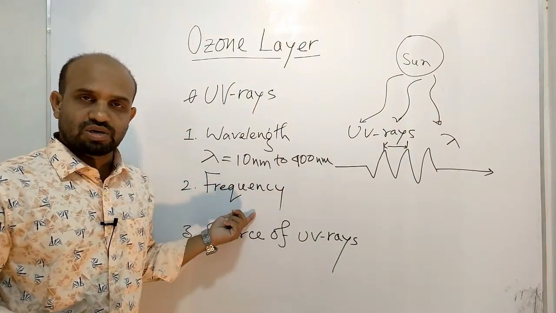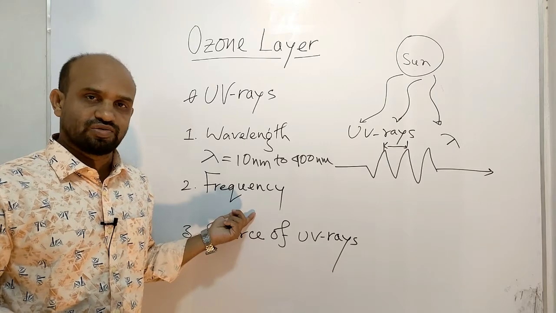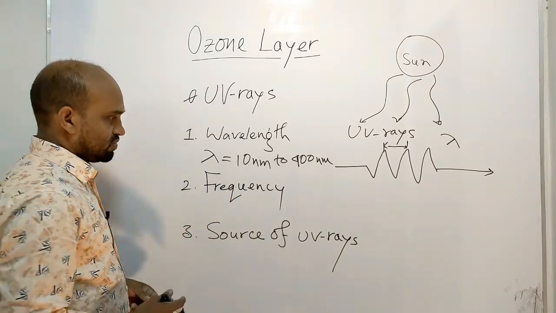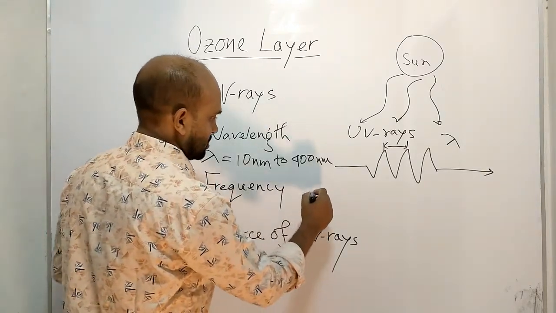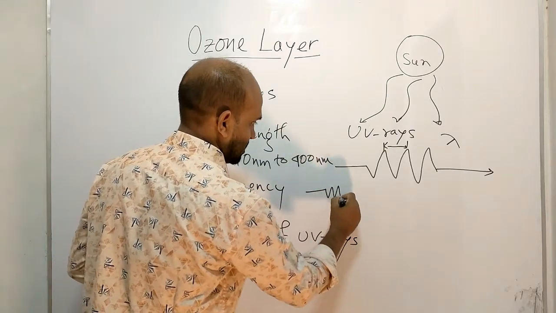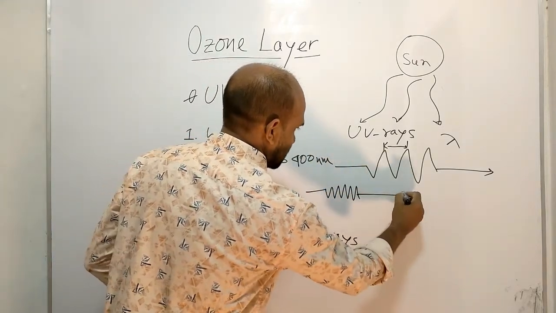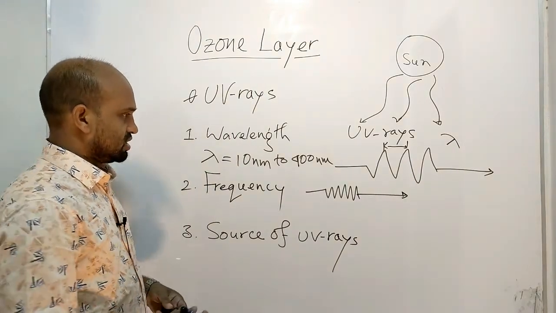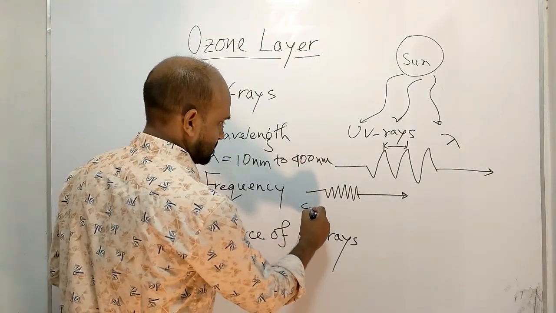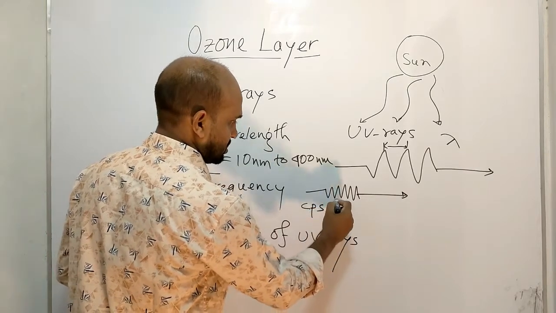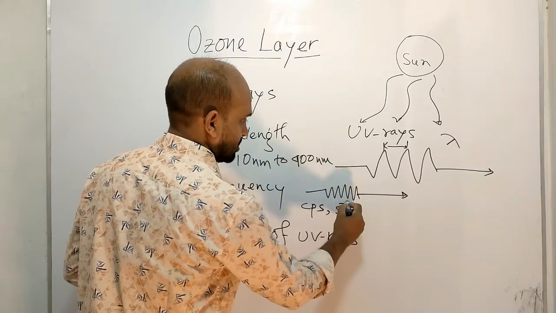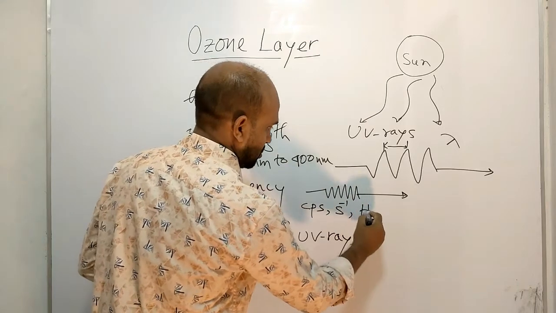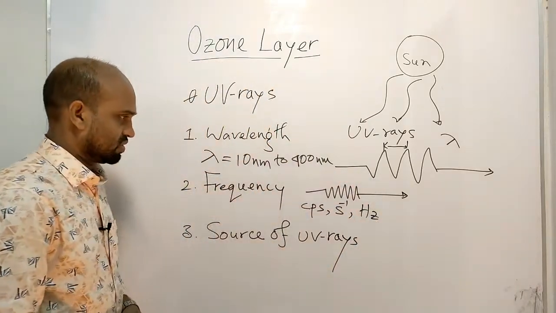Now let's learn something about the frequency. Frequency is cycles per second. That means per second how many cycles are completed. Its unit is cycles per second, or simply per second, or hertz.